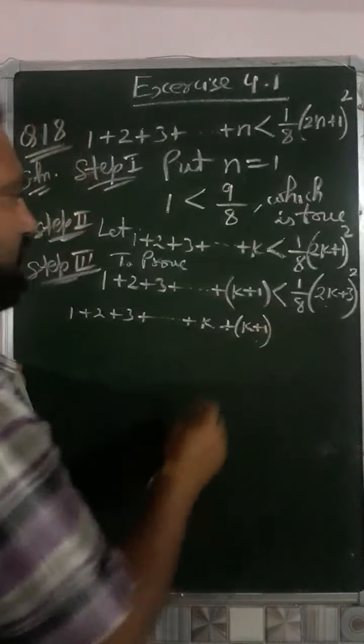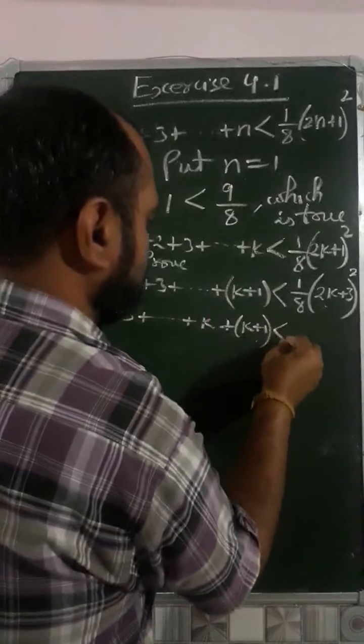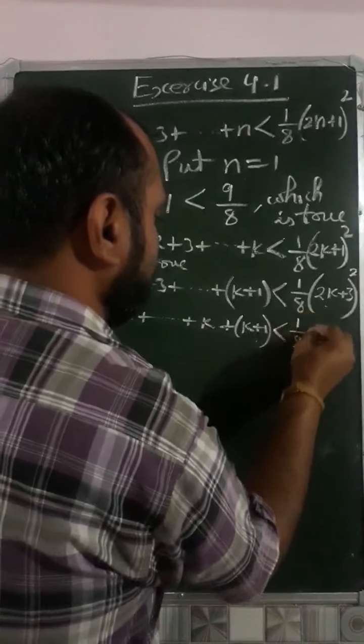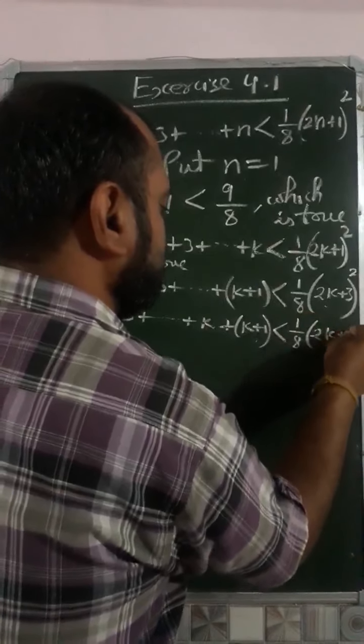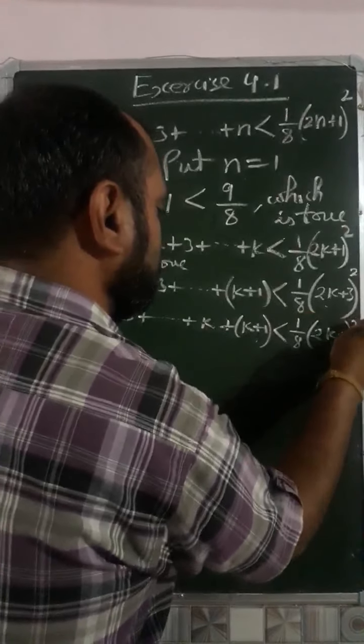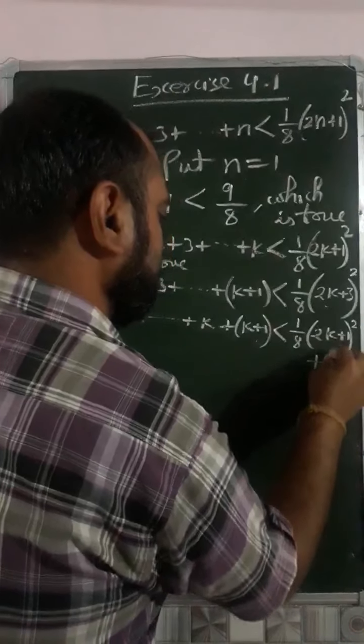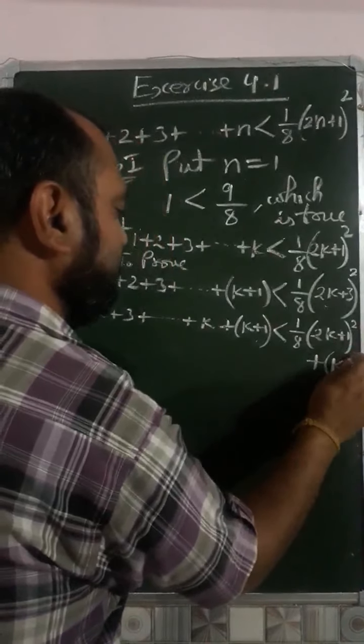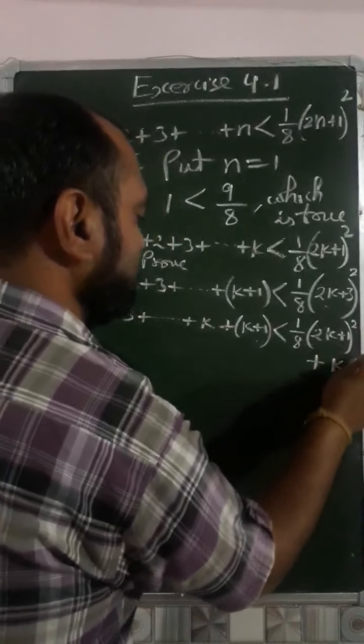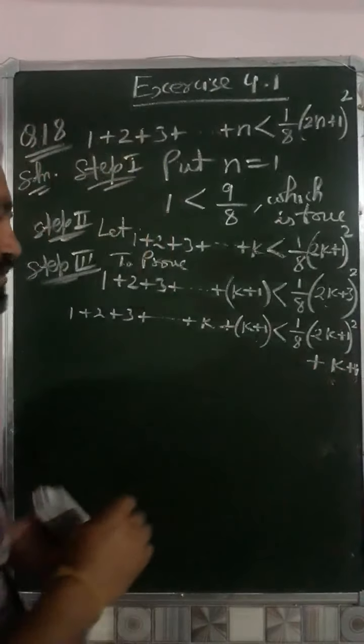I am adding k plus 1 on both sides. So what will we get? 1 by 8 (2k plus 1) whole square plus k plus 1, right?